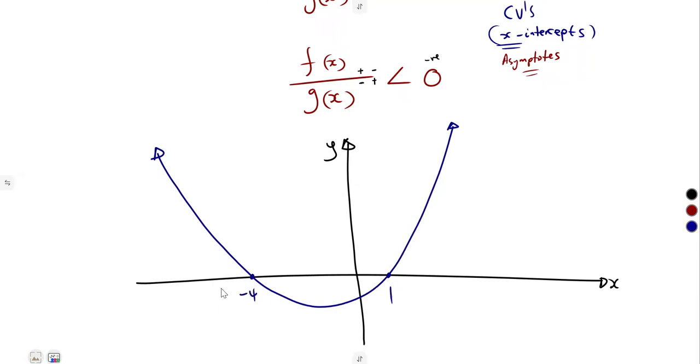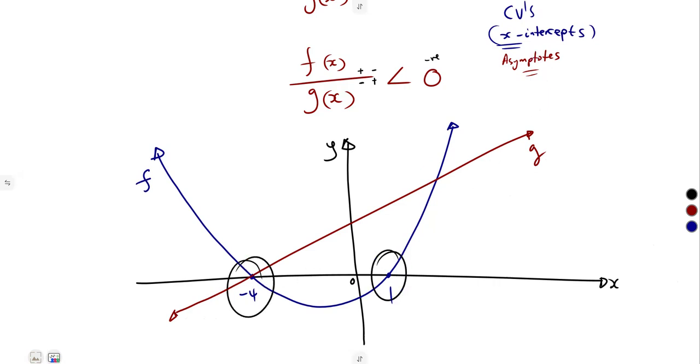Then there is a linear function, something like this. So first one is f, and this is our g. These two intersect here and also here, which is not important as the x-intercepts are the ones that matter. So x-intercept here, x-intercept there.